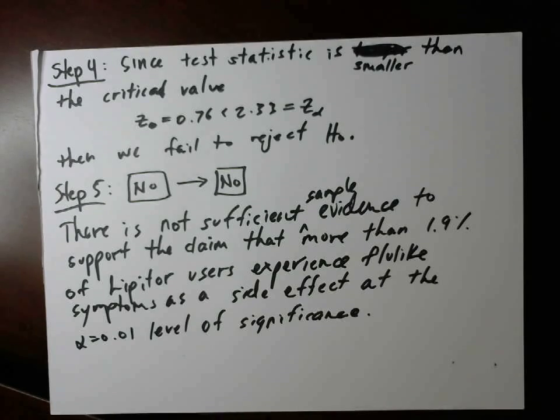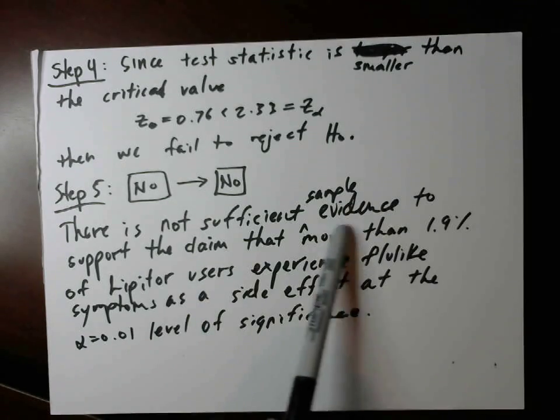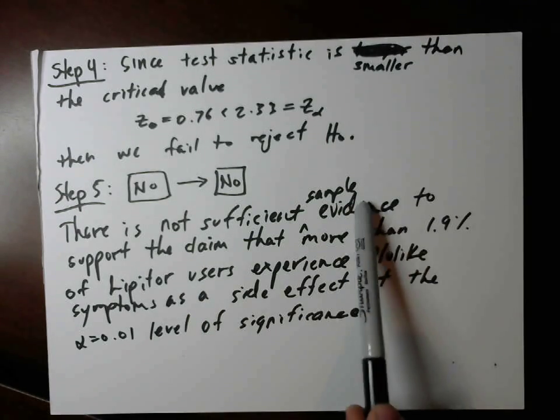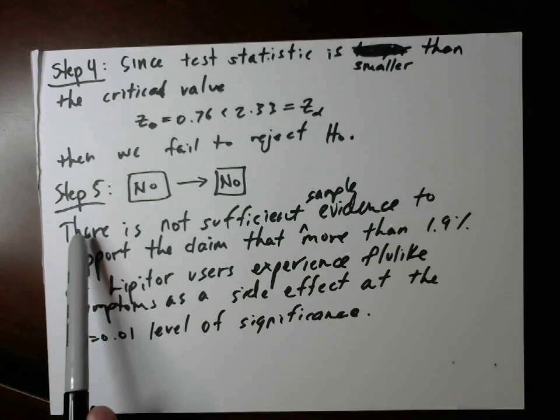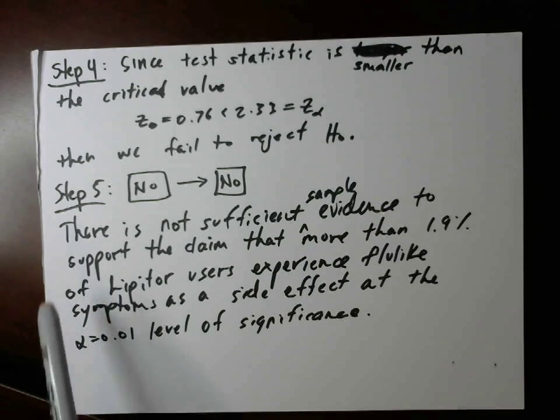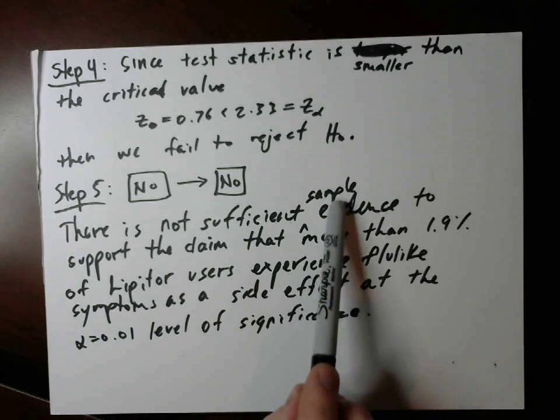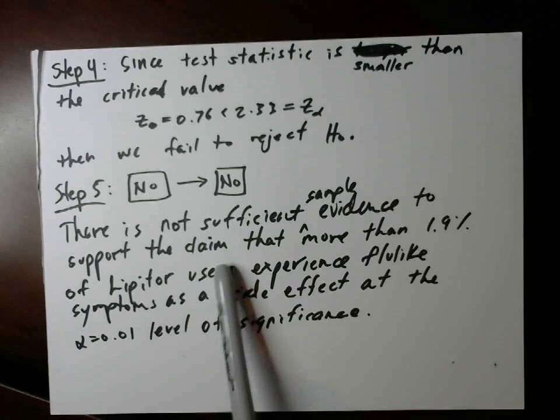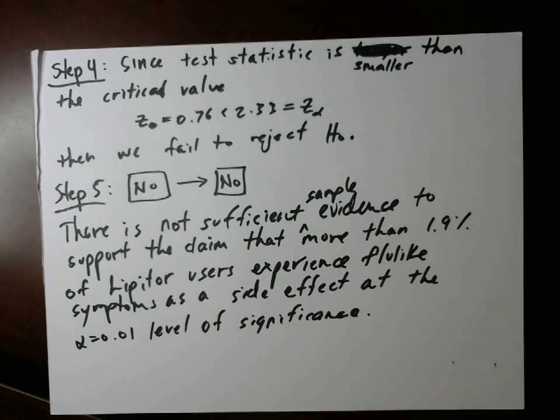Because we want to copy and paste our claim right in there at the end of the sentence, and what we're prepared for is not equality, that changes the wording a little bit. From step 2, there's not sufficient evidence to warrant rejection, and here we're saying there's not sufficient sample evidence to support the claim. A little difference of wording, but it makes a big difference to make the sentence flow correctly.